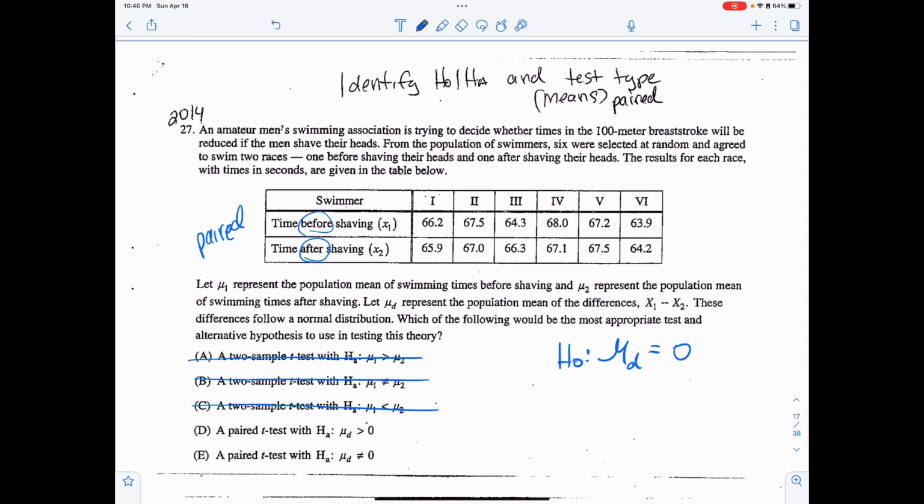So I'm not asking for just a difference, but I'm asking if their time gets better. So that's going to be greater than.